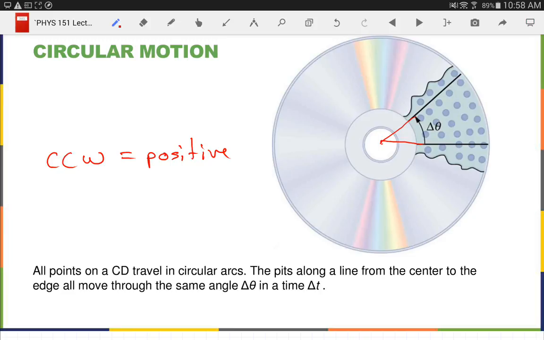My thumb goes into the wall, and hence it's negative. Would have been easier to go like this, but then I couldn't see it. So that's our sign convention for angles. We're going to use the right hand in a number of different places in physics. It's a convention tool, a way to make sure we keep our positives and negatives correct as we go through problems.